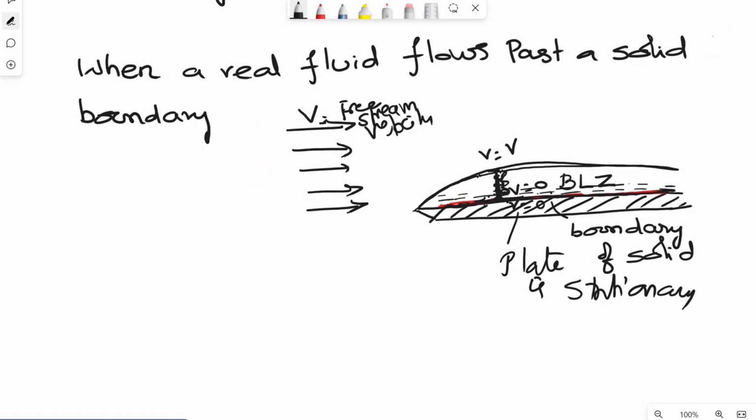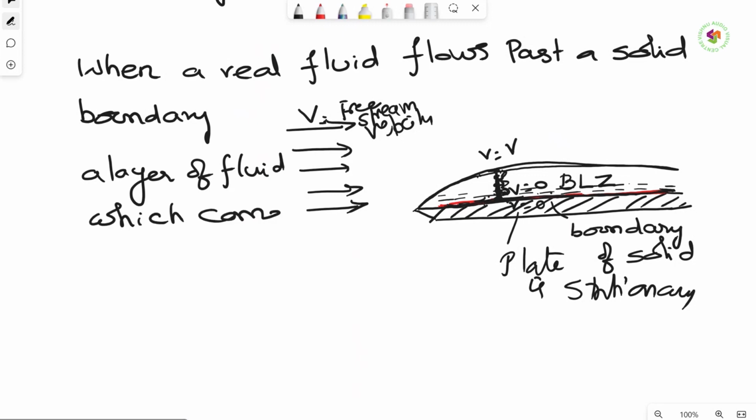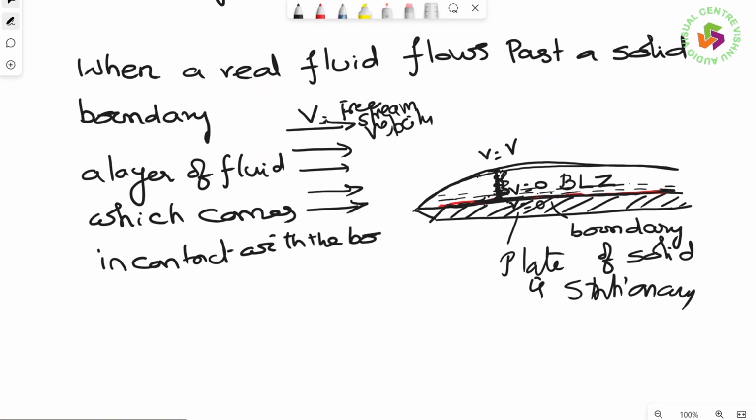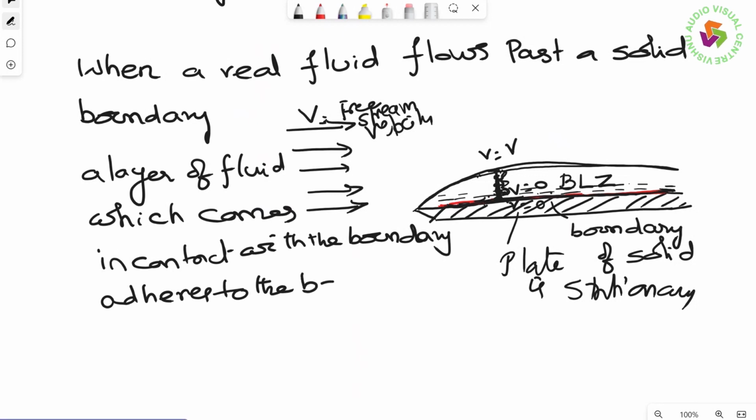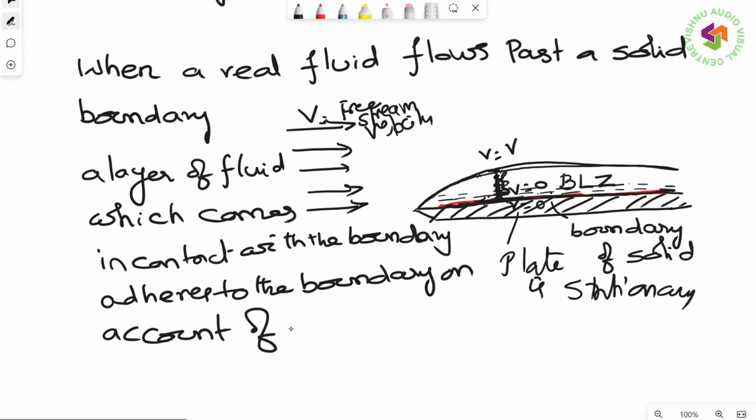So when a real fluid flows past a solid boundary, a layer of fluid which comes in contact with the boundary adheres to the boundary on account of viscosity.